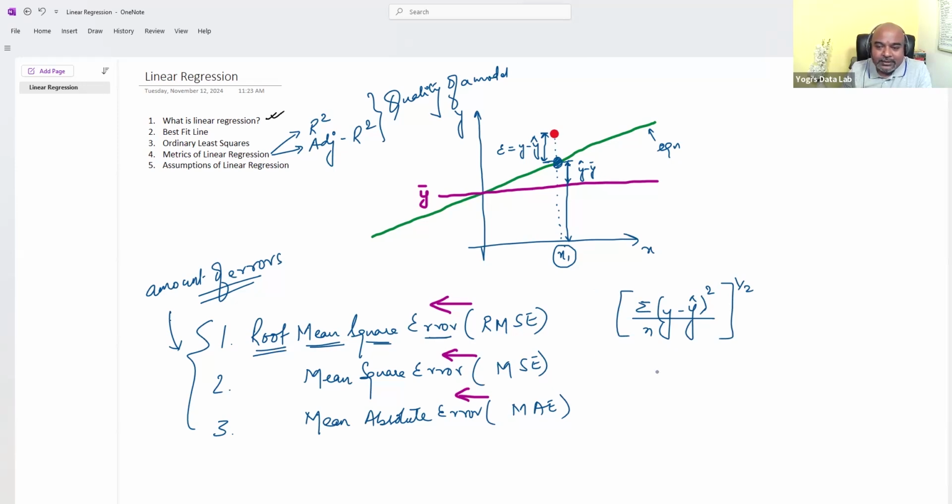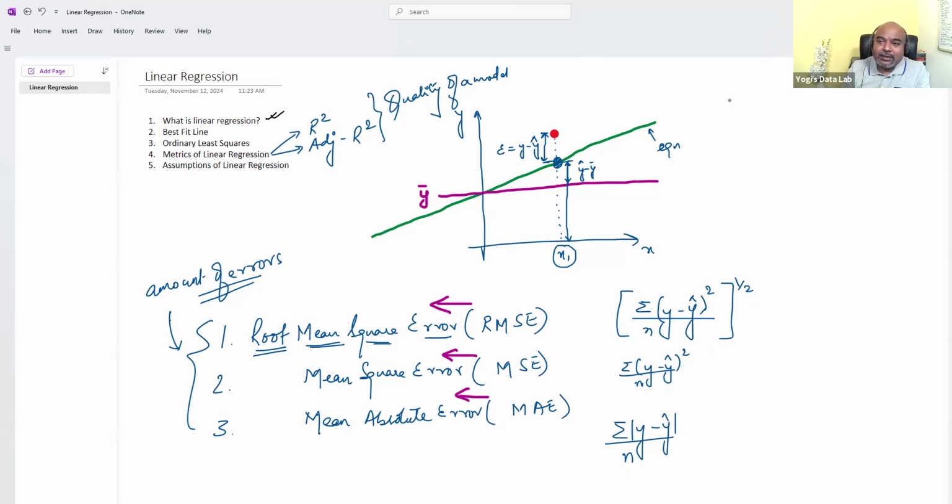Similarly, you can do it for mean square error. It is y minus y cap whole square and the mean. Similarly, for mean absolute error, y minus y cap absolute and the mean. So you don't need to remember it. You just need to go right to left and you'll be able to devise the formula. And these will give you the amount of errors in a model, while R square and adjusted R square will give you the quality of a model.